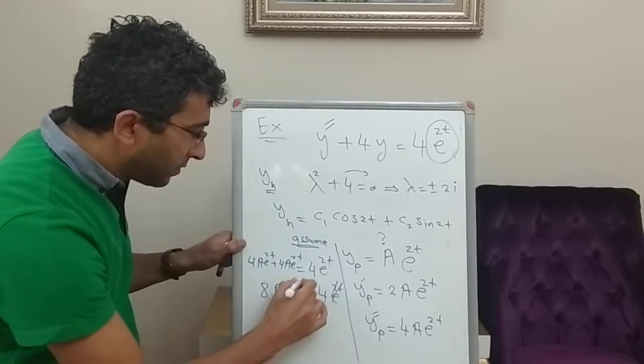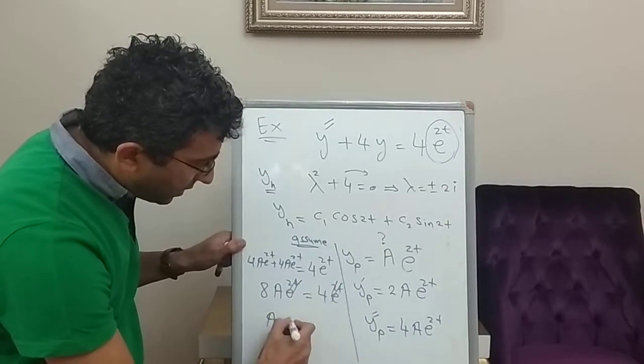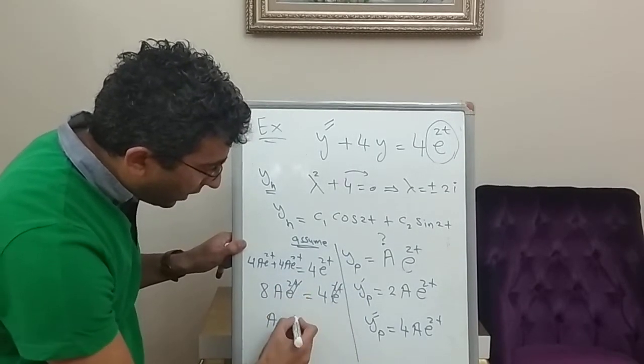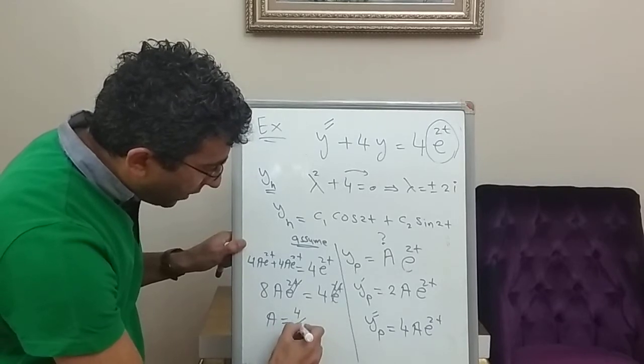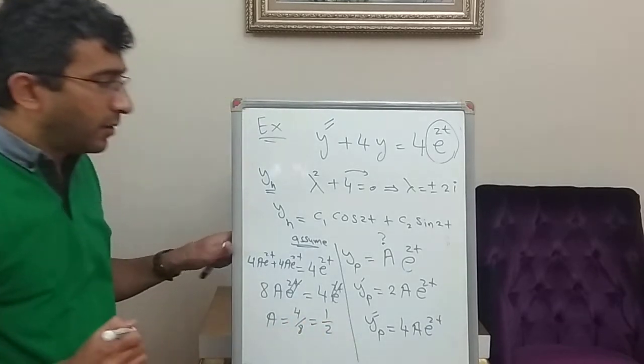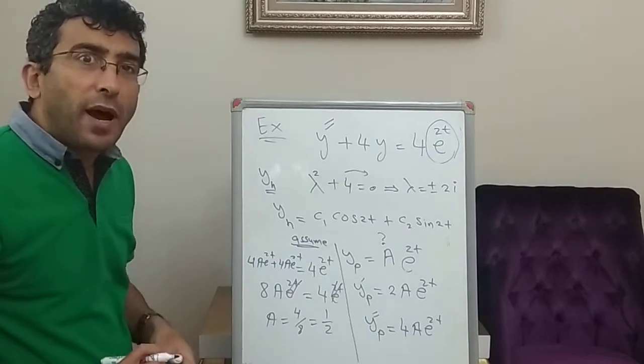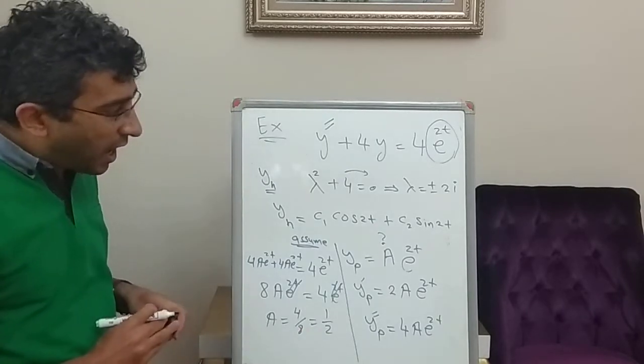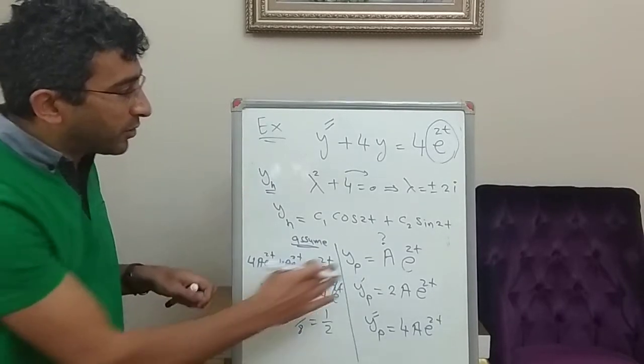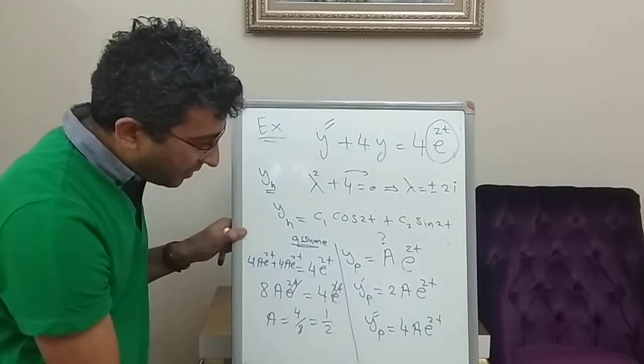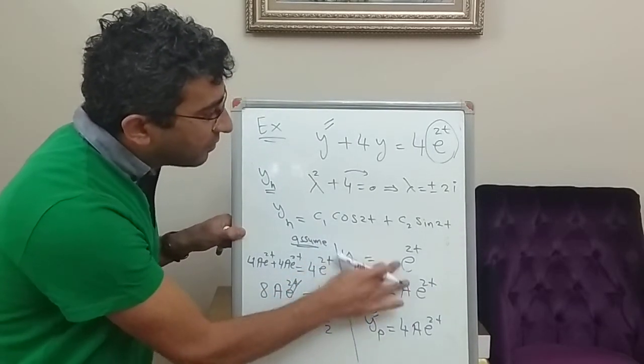So this will cancel with that. From here my a is equal to 4 divided by 8, which is half. Okay, so now my undetermined coefficient is half. Okay, so my particular solution, I will put this half here.